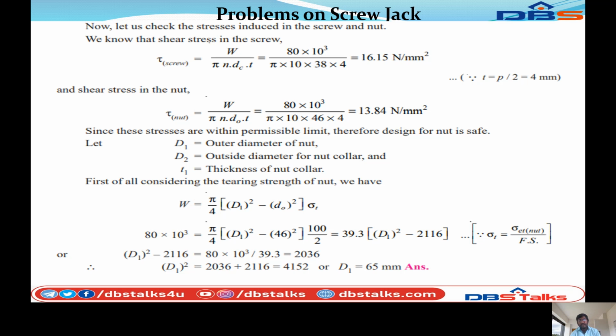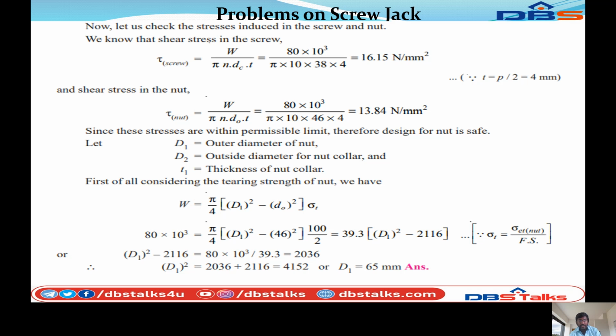Let capital D1 be the outer diameter of the nut, D2 the outside diameter of the nut collar, and T1 the thickness of the nut. First of all, considering the tearing strength of the nut, we have W equal to pi by 4 into D1 square minus d naught whole square into sigma t.